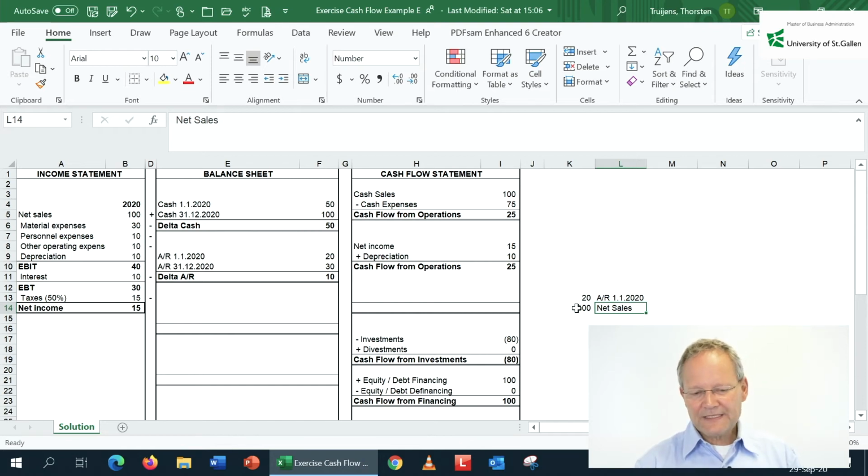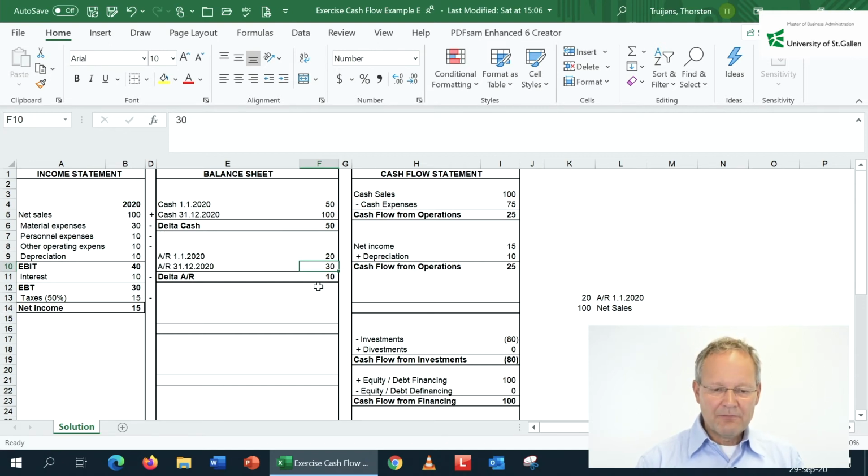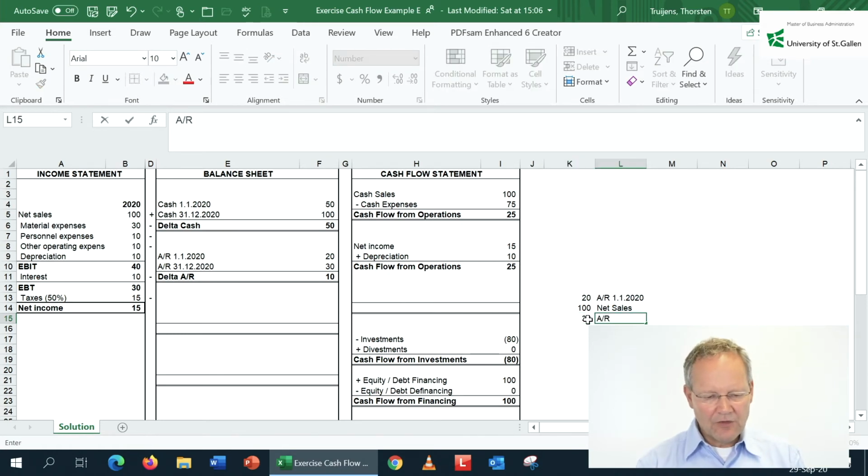But if you look at it, we didn't change our business model. Why? Because 30 euros were not paid yet. So probably the 30 belongs to the 100 here, which means out of the 100, we didn't get 100. We got 100 minus 30, which is the AR on the 31st of December of 2020.